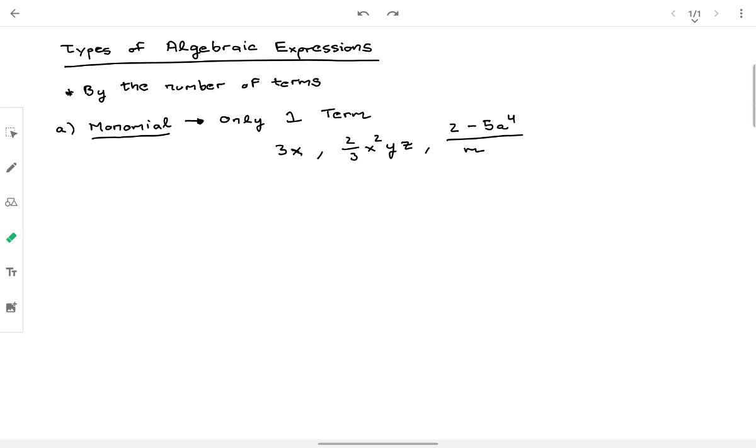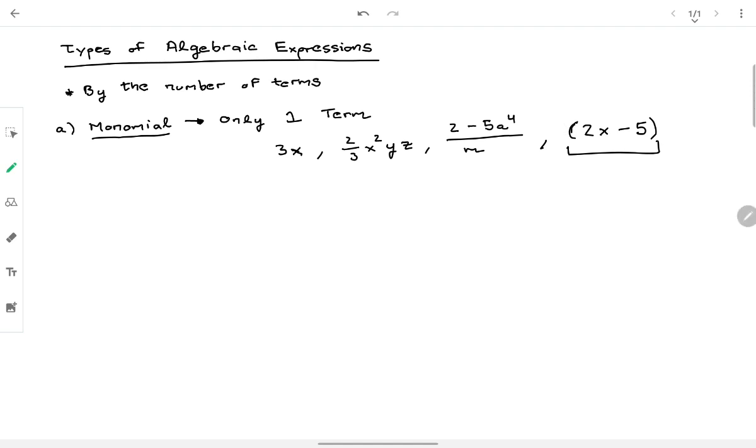We can also have a monomial if it's in parentheses. If we have something like this, 2x minus 5, but it's in parentheses, it could also be known as a monomial because this is only one expression, so it's not separated by other signs.